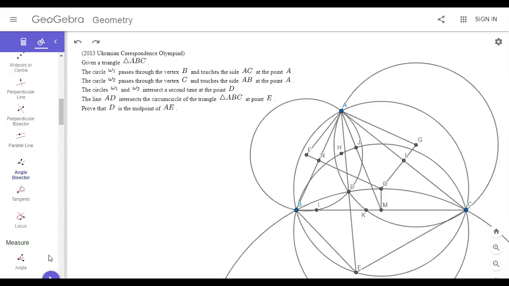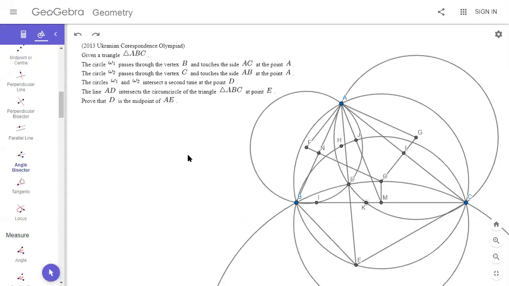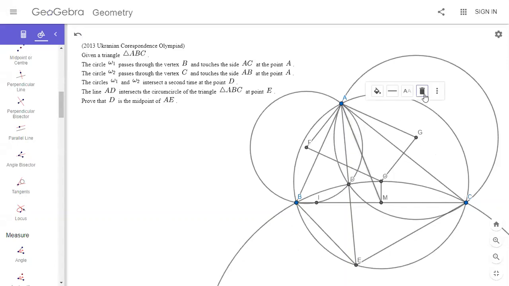So here's my idea. We can actually delete a lot of what's in this figure. Yeah, we don't need N, L. Whoops, what did I just do? Yeah, we don't need that. We don't need this. We don't need this. So I can show that both BDE and CDE are similar to triangle ABC.